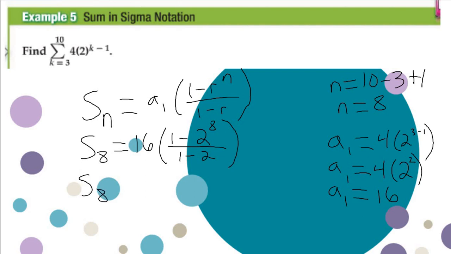And then we can just type all of that into our calculator. Just be careful that you use parentheses around the bottom part, or you can type in 1 minus 2 to the 8th, click enter, then click divided by -1, just so you're careful about your division.